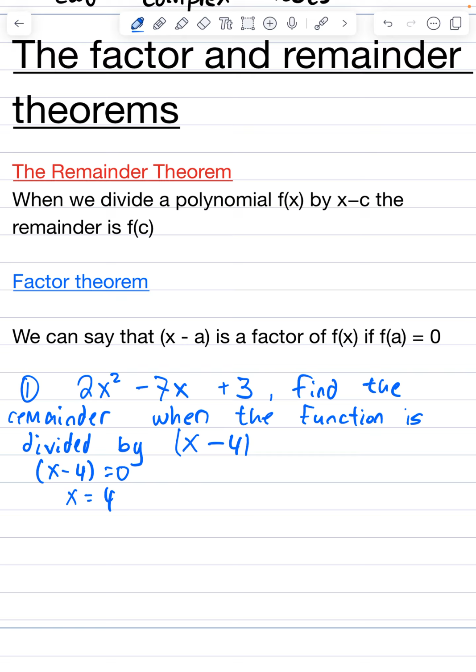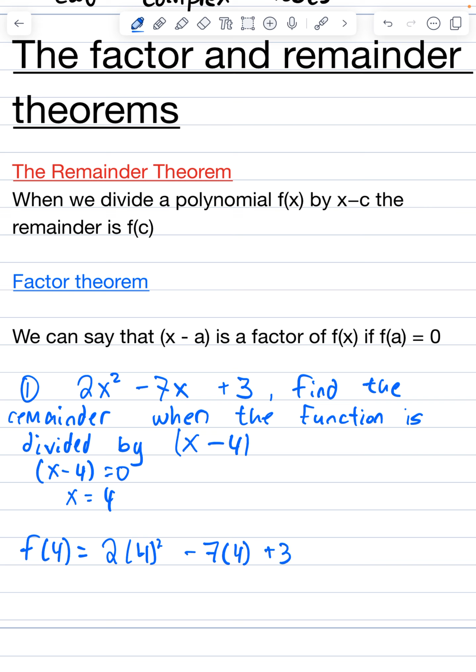So I'm going to plug f of 4 into the equation. Wherever I see x, I replace it with 4: 2 times 4 squared minus 7 times 4 plus 3.